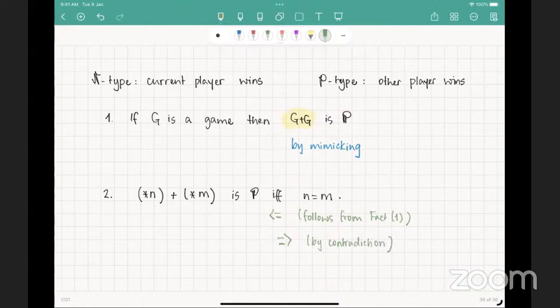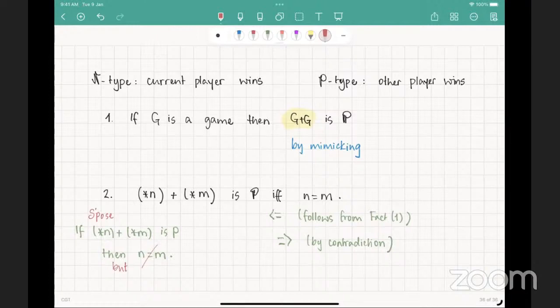Let me write down what we want to prove here. For the sake of contradiction, suppose star n plus star m is P, but n is not equal to m.